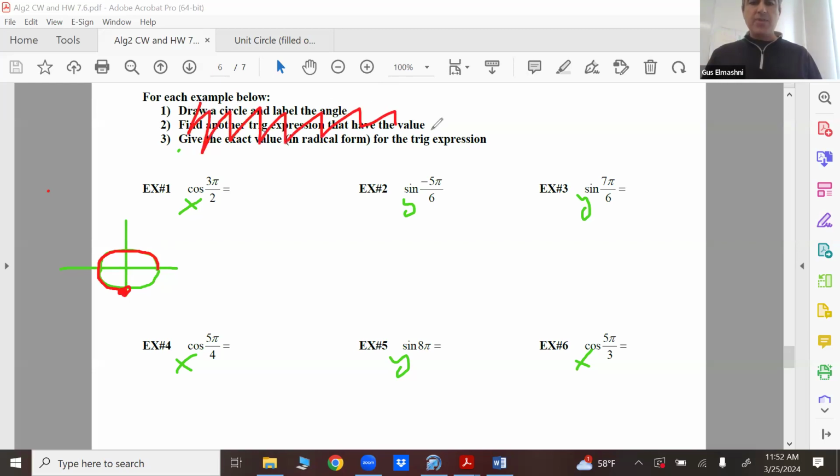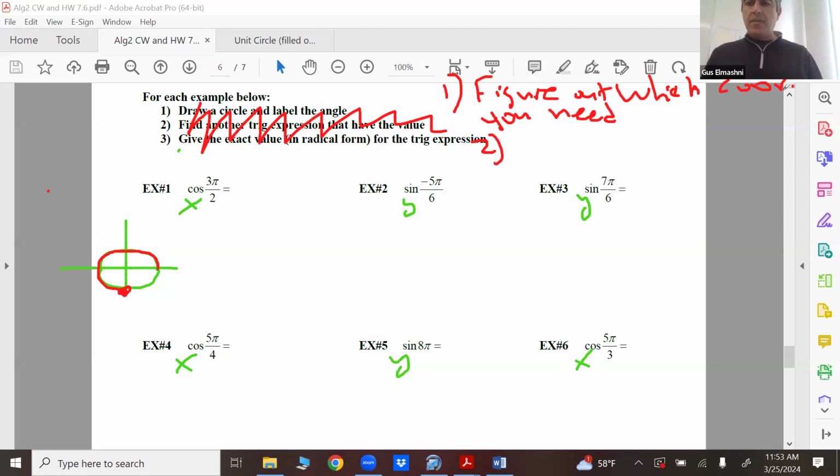So really what you have to do is this. I kind of don't like these instructions. Really, it's a two-step process: figure out which coordinate you need, and the location on the unit circle.